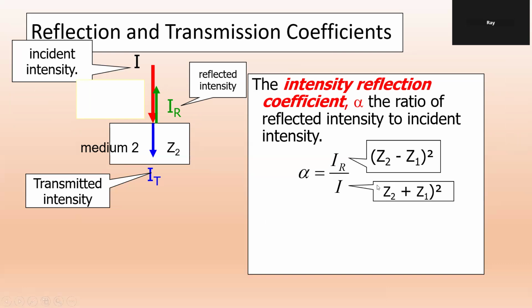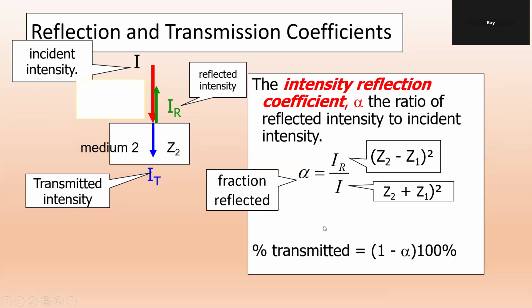The top one is subtract, the bottom one is add. That's the fraction reflected. The percentage transmitted will be 1 minus alpha, times 100%, because this is a fraction.